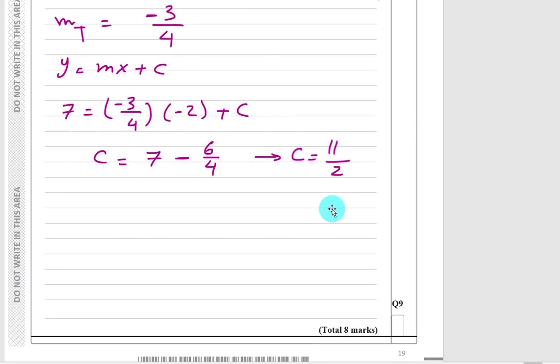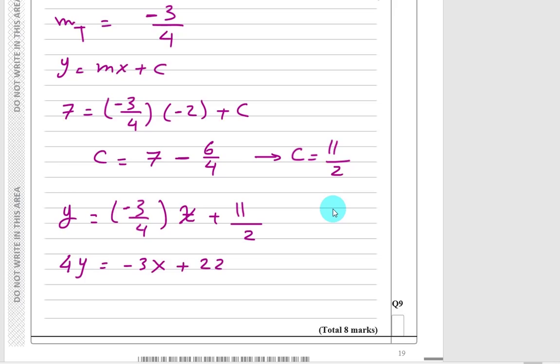Let us start to write the equation now. So y is equal to minus 3 divided by 4 x plus 11 over 2. Let us multiply by 4, so 4y is equal to minus 3x plus 22.